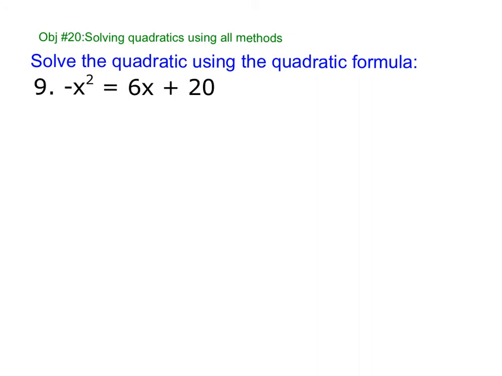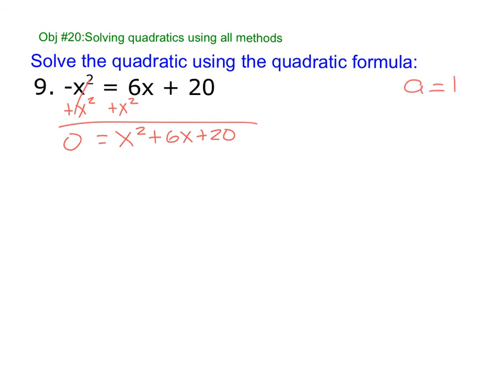So I'm going to add x squared to both sides so that I can get my 0. And I like it when my x squared is positive. So x squared plus 6x plus 20. A is 1, nothing in front of x squared. B is 6, C is 20.